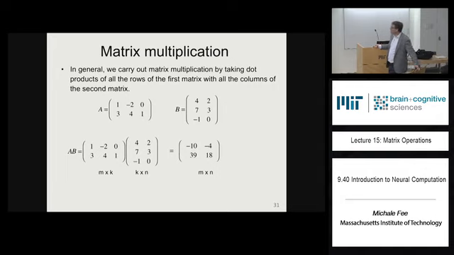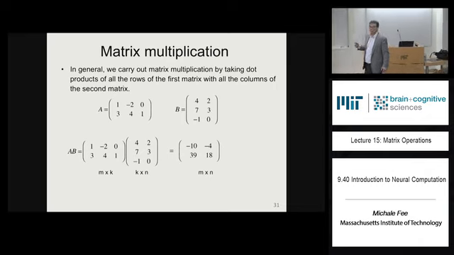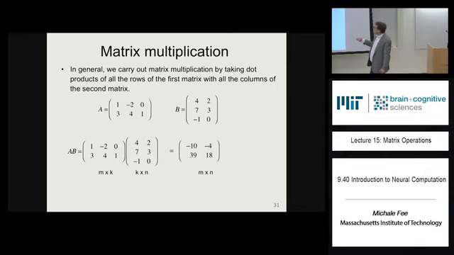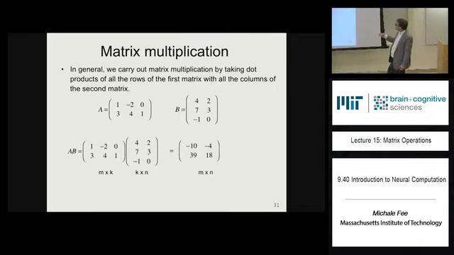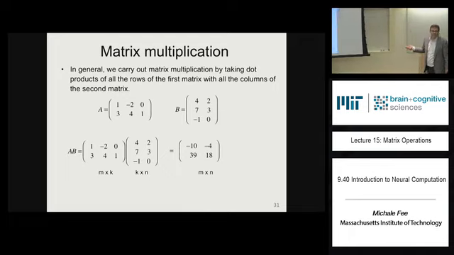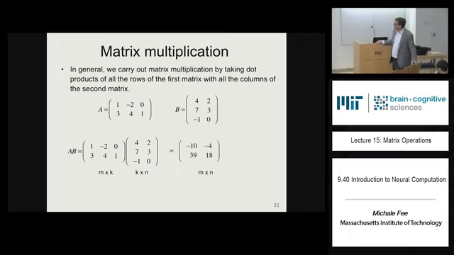You can see that in order for matrix multiplication to work, the number of columns of the first matrix must equal the number of rows in the second matrix. You can see that this K has to be the same for both matrices. Does that make sense?